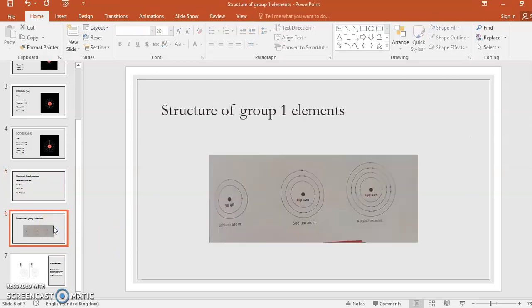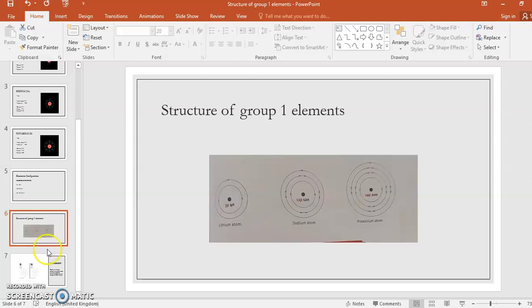You can see for lithium, for sodium, for potassium. It is from your book only, so you can correlate it and try to make the structures like this only. So in these 3 structures you can see the outermost orbit. This outermost orbit has only one electron in all lithium, sodium and potassium.